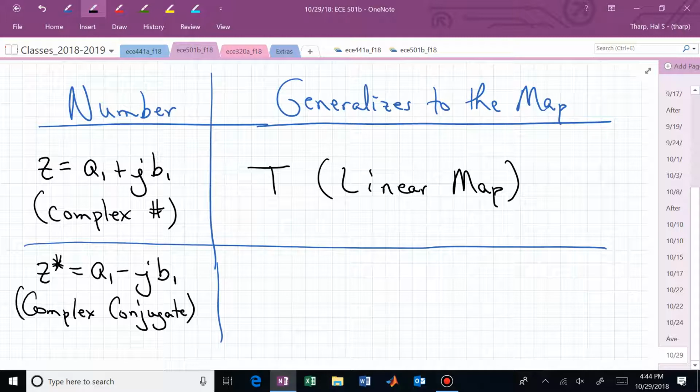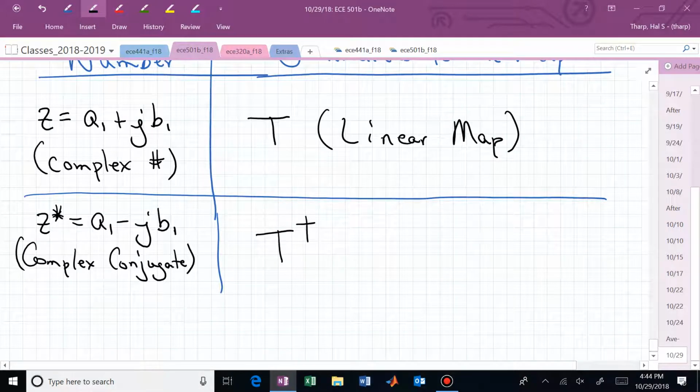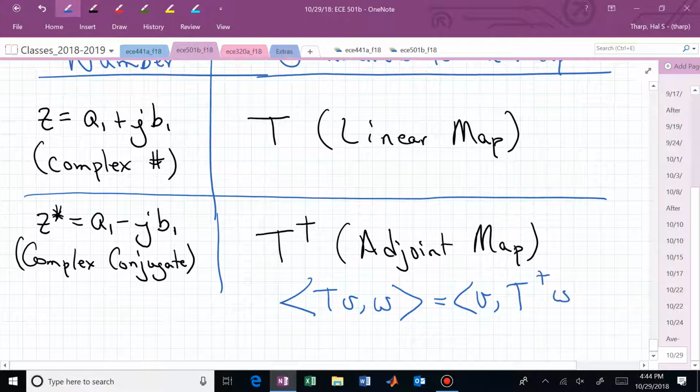If the linear map was A, what did we conclude the adjoint was? It was its complex conjugate, was it not? So now a complex conjugate of a complex number we could think of like the adjoint map, where the adjoint map is really defined by TV inner product with W equaling the inner product of V with T dagger W.